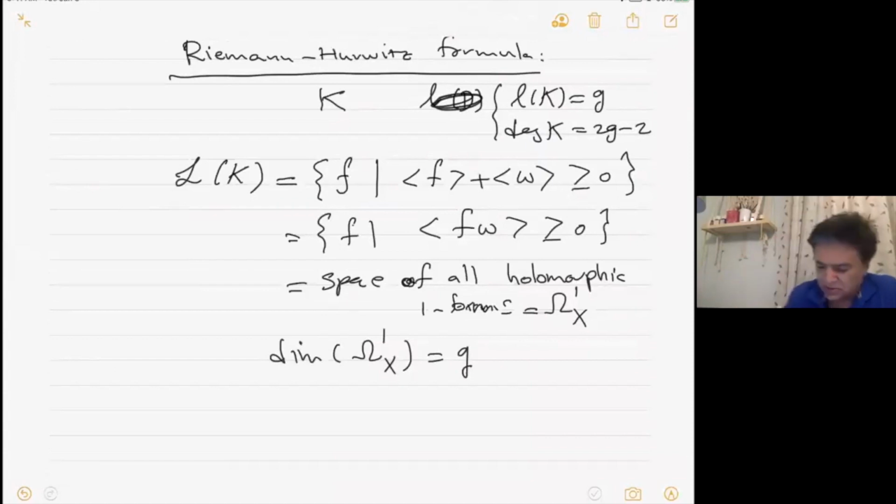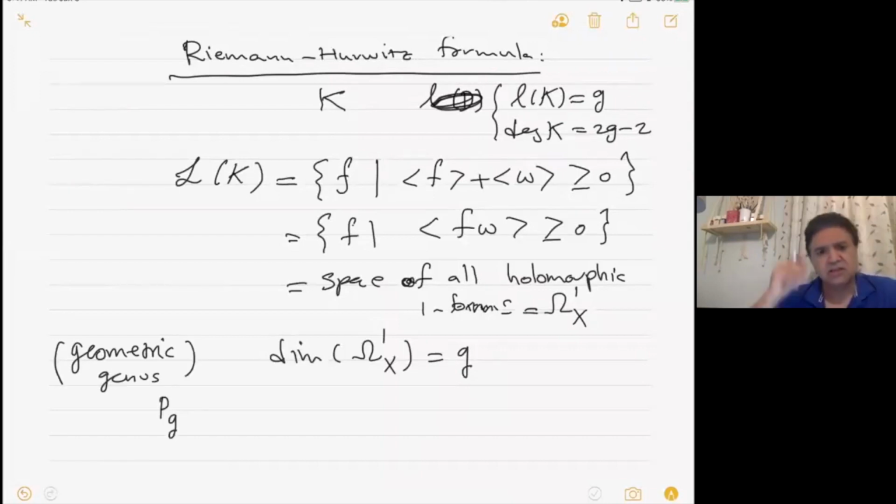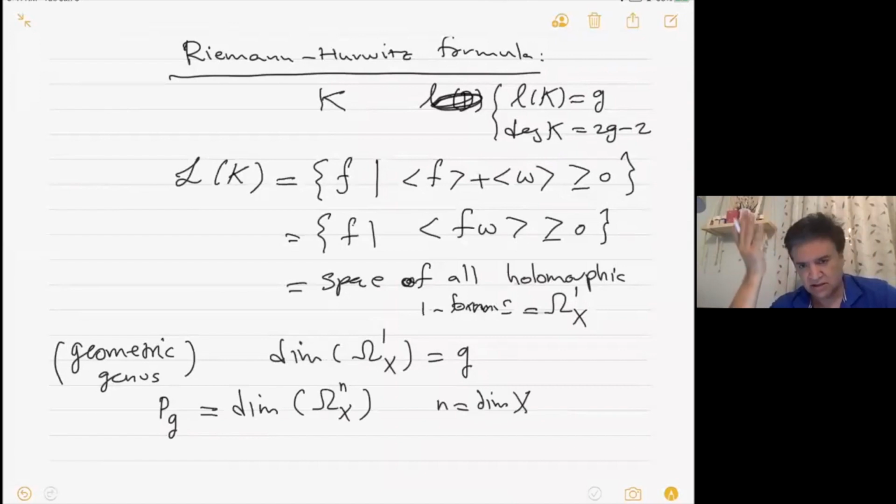This is called the geometric genus, and it's denoted by p_g. And this can be defined for any complex manifold, by taking this to be the dimension of the space of n-forms on X, where n is the dimension of X. In the case when X is one-dimensional, as a Riemann surface, then this is one forms.